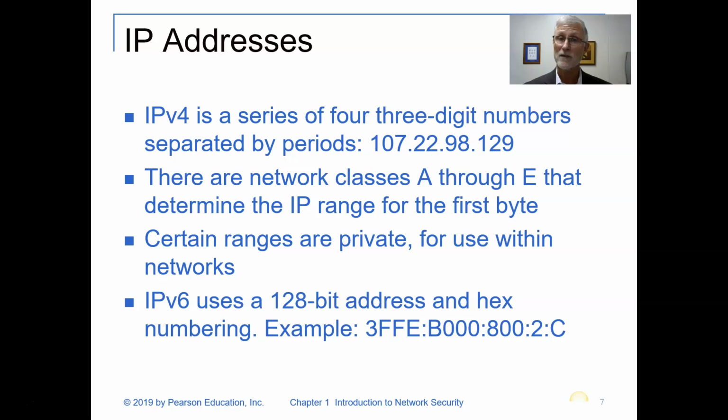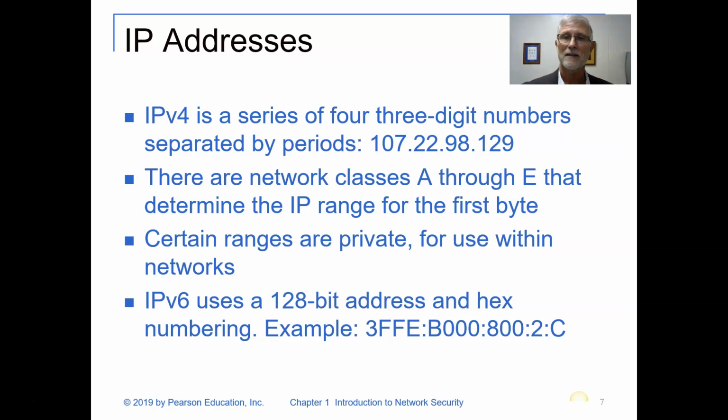Now, to extend the life of the IPv4 address ranges, they created IP addresses that are public and private. Private IP addresses cannot be routed on the internet. So I can route it inside my network all I want, but the second I want to go to another computer outside, on the internet, I've got to go through a router, and somehow I've got to convert that private address into a public address.